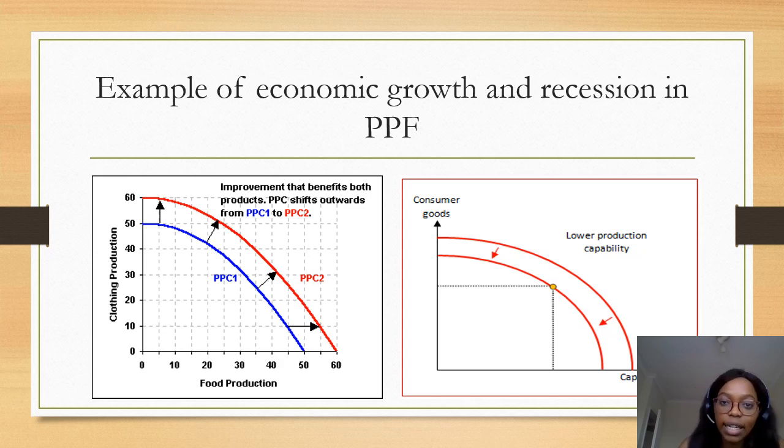But when that assumption is relaxed, then you are able to get this shift. And here we illustrate the inward movement when there is a decrease. So the shift is inward when production of both items is less. That is like when we're in a recession.